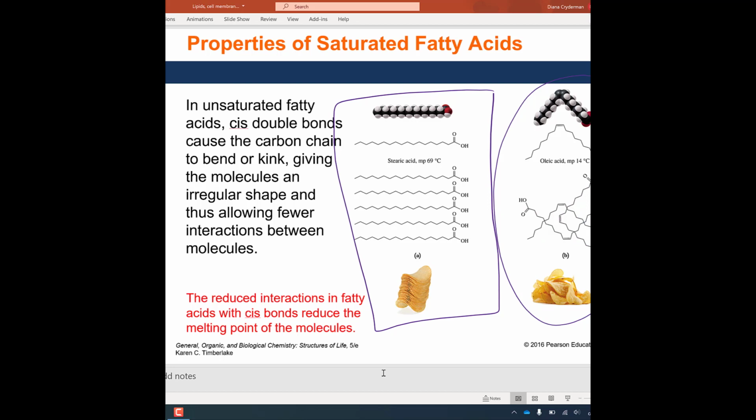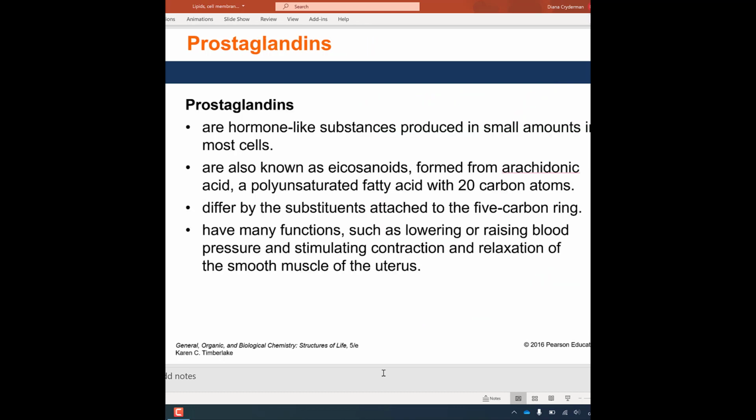Okay. So now we're going to move on to something called prostaglandins. And this is more of a hormone-like substance that really revolves around fatty acids in terms of how it's created. These are formed through a polyunsaturated fatty acid that's 20 carbon atoms long. And it is possible to have different substituents attached to different prostaglandins.